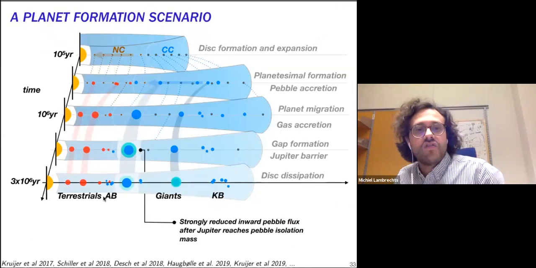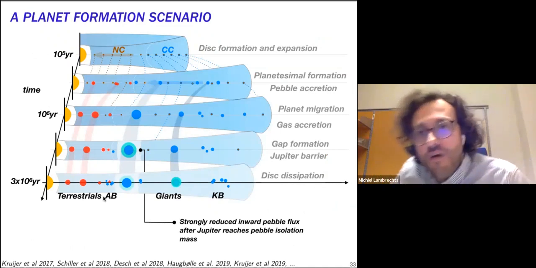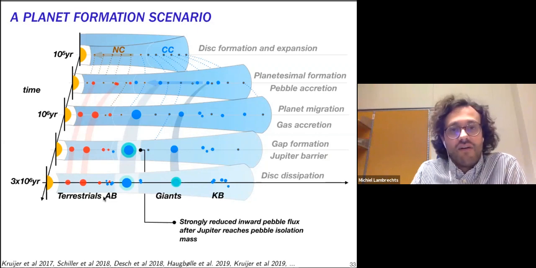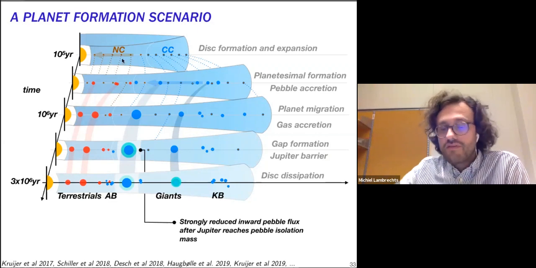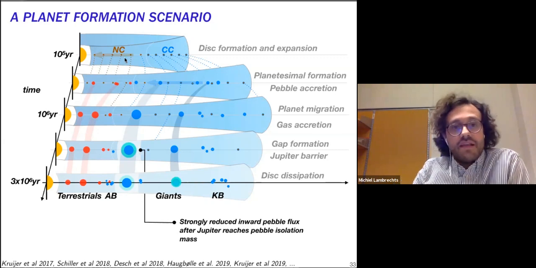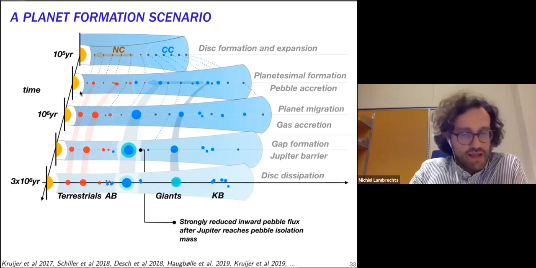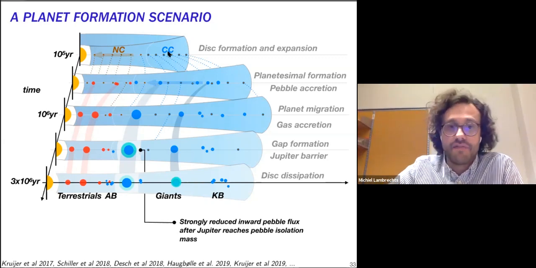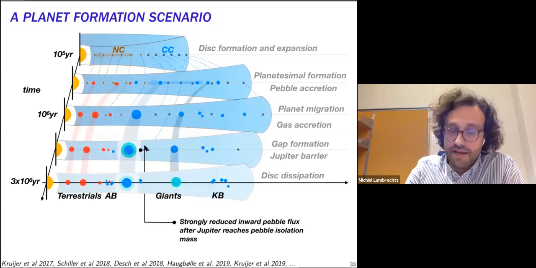Okay, so here is then a picture for a planet formation scenario. Very broadly, you could think of the disk first forming. So very early on, it forms and expands outwards. That means a fraction of the pebbles immediately start drifting inwards, presumably this more refractory component, this non-carbonaceous component. Another fraction is viscously expanded outwards and only drifts in later.